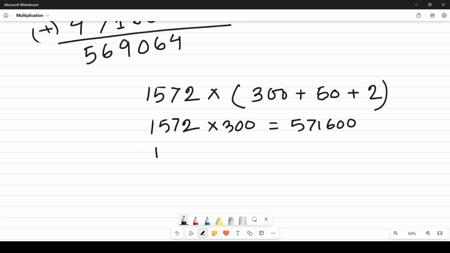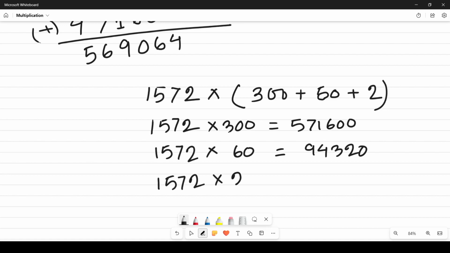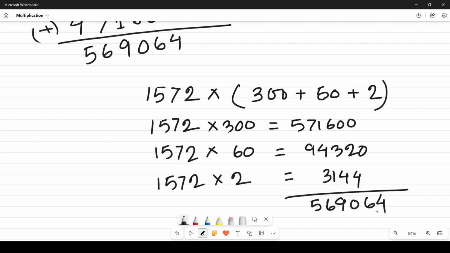We are then multiplying with 60, which will give us 94,320, and finally we have this little 2, which will give us this. And then if we add everything up, we will get 569,064. So this is basically the column method.